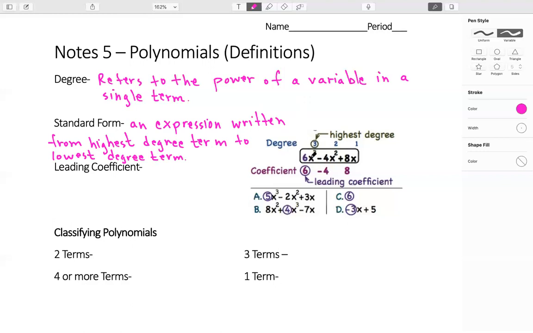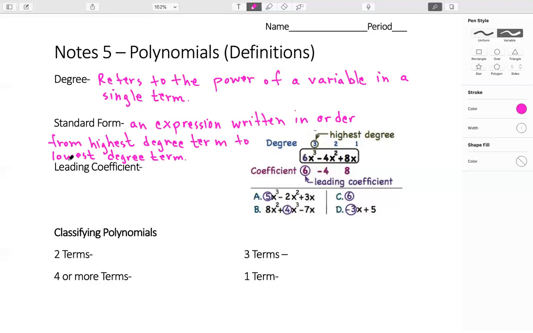So these terms right here, so 6x cubed, that's a term, negative 4x squared, that's a term, 8x, that's a term. And this polynomial is in standard form because it's written from highest degree term to lowest degree term. So you see you have this term right here, we call that a third degree term. I should maybe say an expression written in order from highest degree term to lowest degree term.